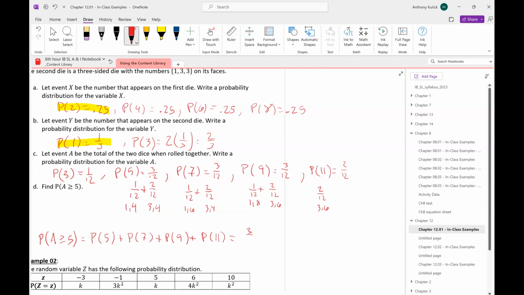So we have 3/12 plus 3/12 plus 3/12 plus 2/12, which is 11/12. Or what else? What's the other way you could have done this? Just 12/12 minus the probability that A is strictly less than 5, which would be just P of 3.